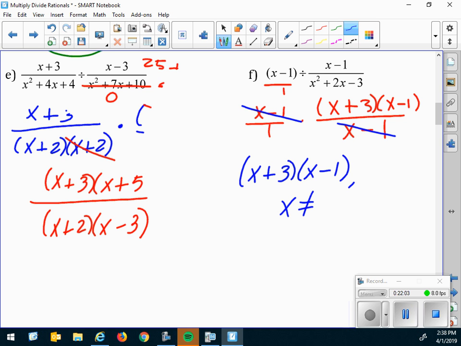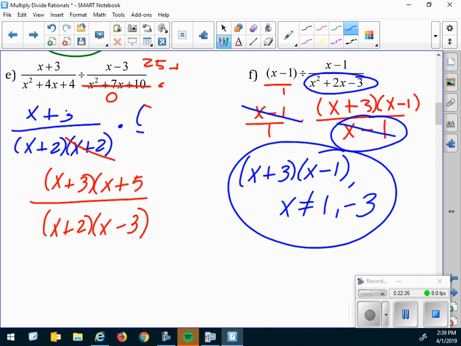Are there any x values that you cannot use here? I cannot use 1 because that makes this 0. Right, I cannot use negative 3 because if I use negative 3, I would have been dividing by something that doesn't exist, which I can't do.